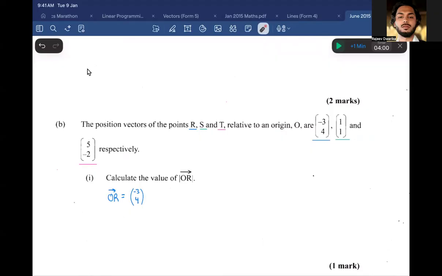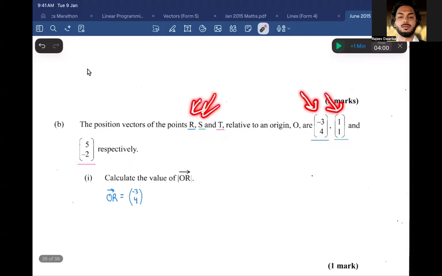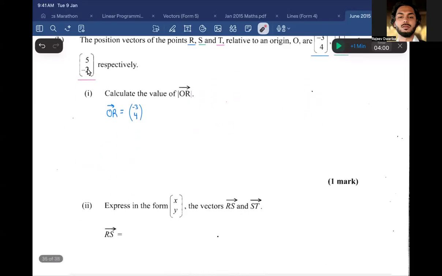They said R, S, and T, respectively, so you're looking at the order. R would be -3, 4. S would be 1, 1. T would be 5, -2. Ivan, you need to say the sign, whether it's positive or negative, because if you leave out the sign, you won't get any marks.